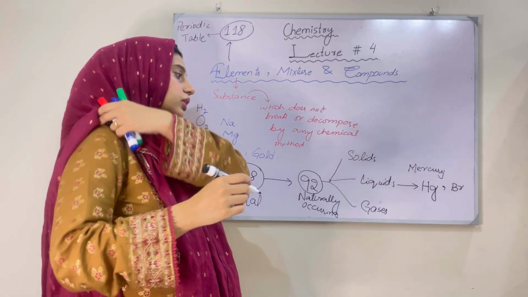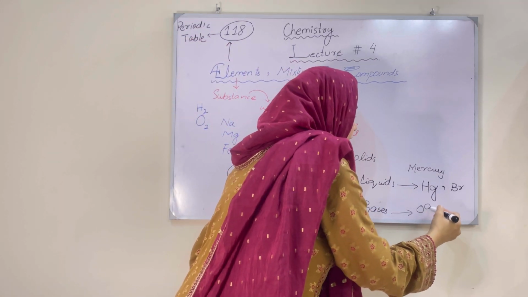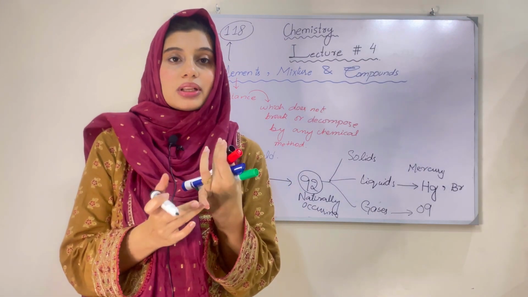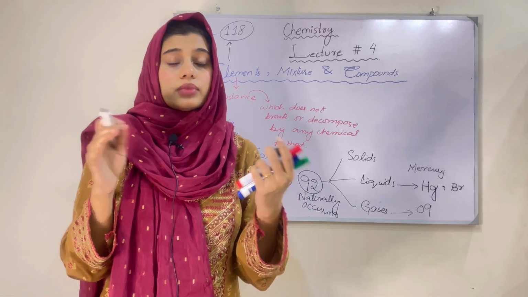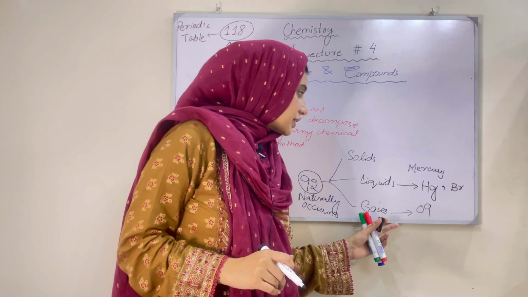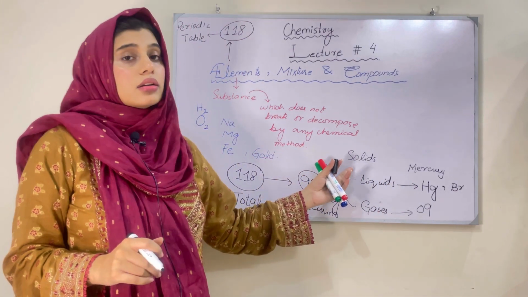If I talk about gases, we have 9 gases in the periodic table, including hydrogen, oxygen, nitrogen, and all of the noble gases. So we have 9 gases and 2 liquids, and the rest of the elements are in solid state.